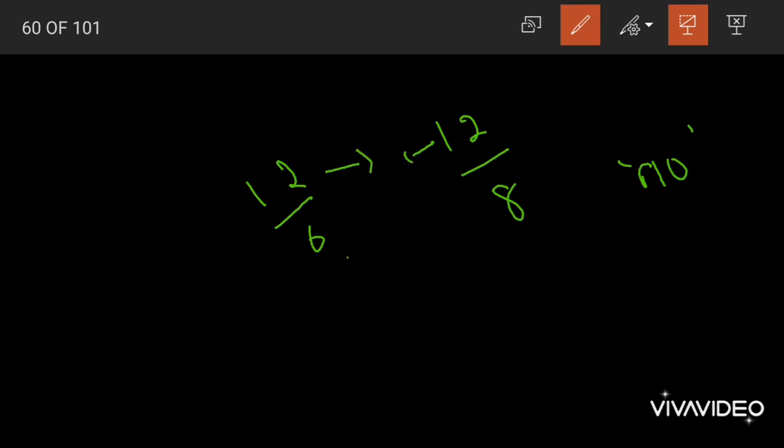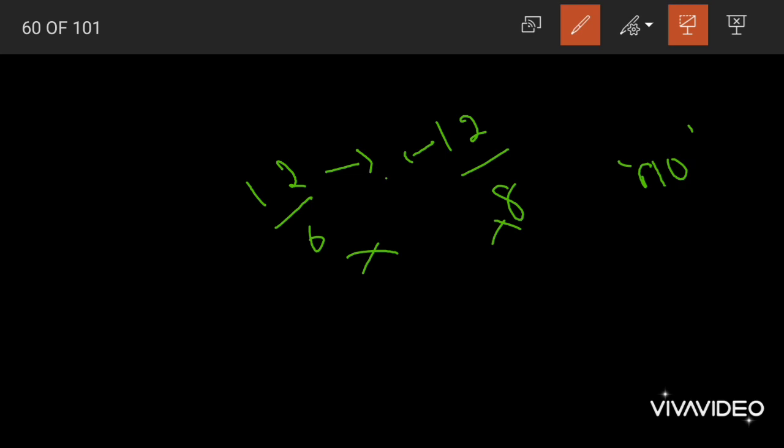Okay, and children, this is applicable only to like fractions where the denominators are same. Suppose I have 12 by 6 and 12 by 8. Are these like fractions? No, children, these are not like fractions. Why? Because here the numerators are same, but the denominators are not the same. The denominator should be the same, not the numerators.